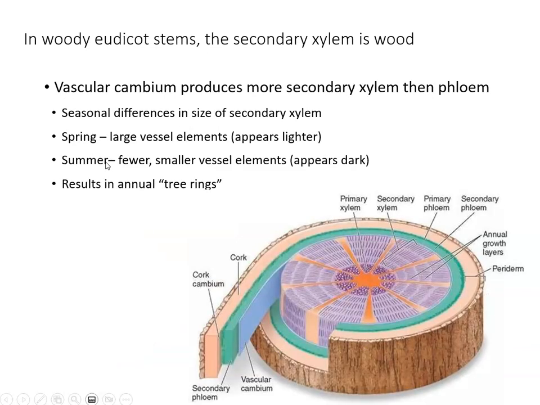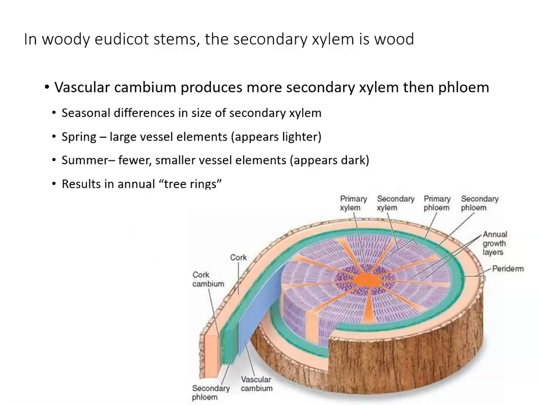Now, if we look at how this applies to a woody plant, in a woody eudicot stem, the secondary xylem is actually the wood. And it's this wood that you can see in the purple area there. It's shown in this manner as these concentric rings because this is how we can age trees.